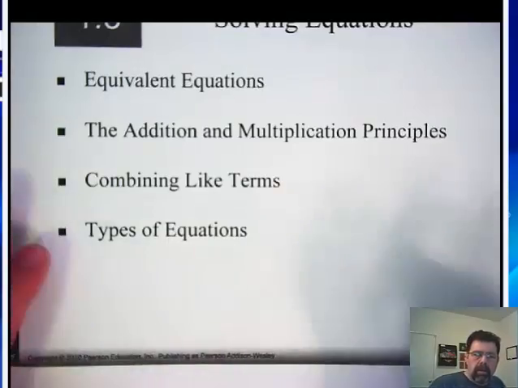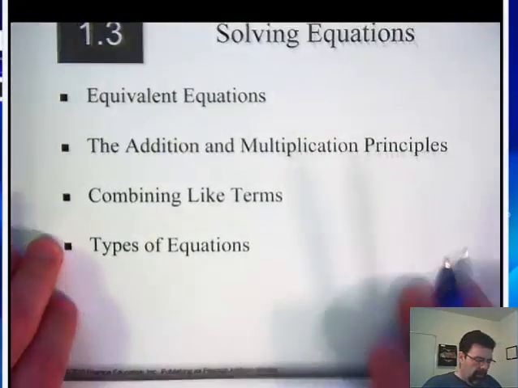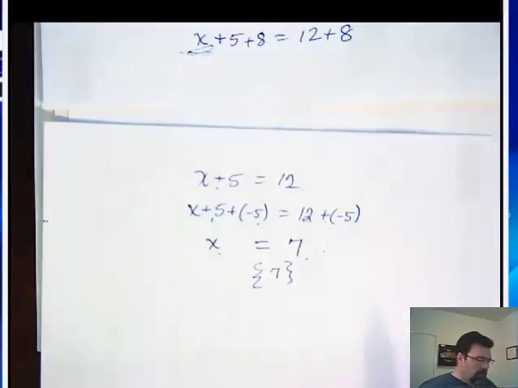All right, and now on to combining like terms. So let's review what like terms are.